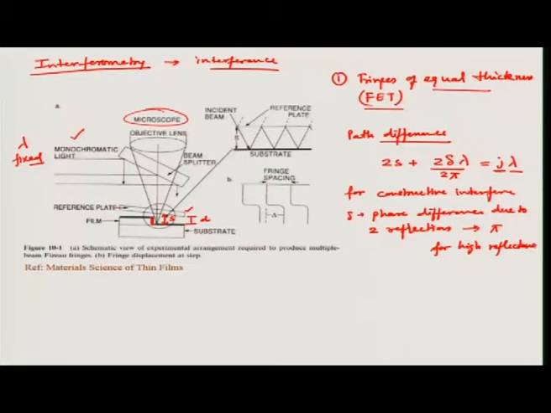Highly reflective surfaces will have a phase difference of pi, 180 degrees. Now, if we take this as pi, then this equation becomes 2s plus lambda is equal to j lambda, or s is equal to (j minus 1) lambda by 2. So, this is how the separation between these two surfaces is for constructive interference.